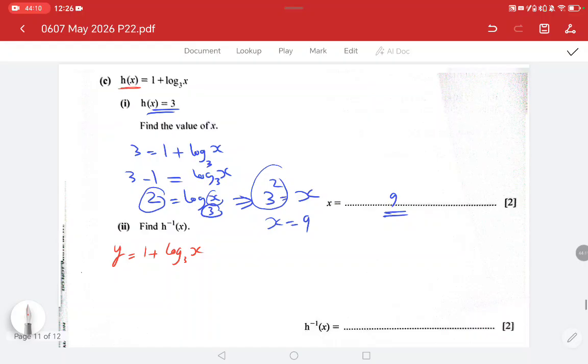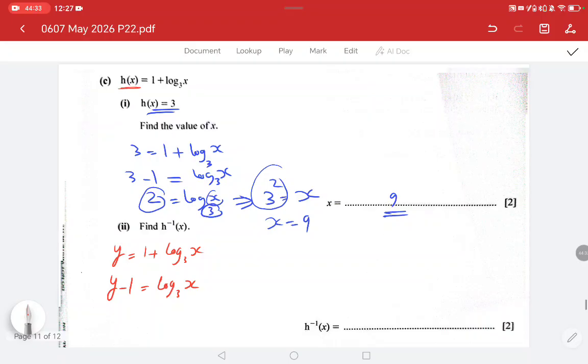After this, we can say y minus 1 equals log, and here's x. Like you are working normally, so far it's the same. I'm trying now to make y the subject. So I have y minus 1 equals log x to the base 3.